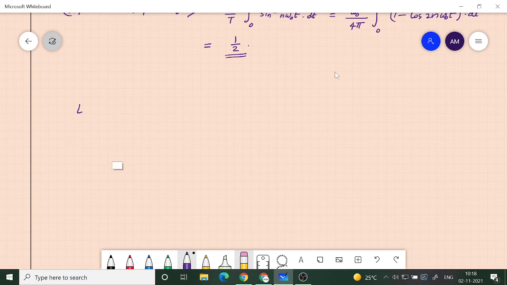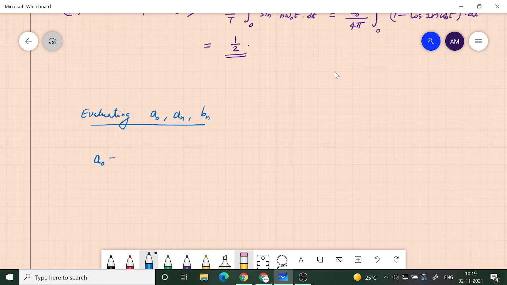So let me say, evaluating the constants A0, An and Bn. These are the trigonometric Fourier series coefficients. Now, what is A0?